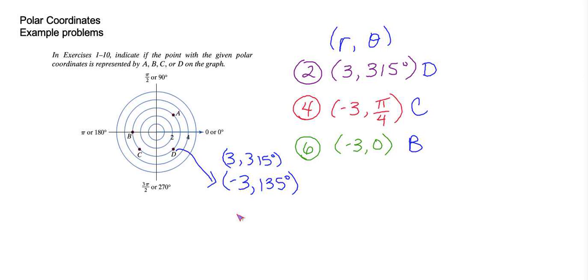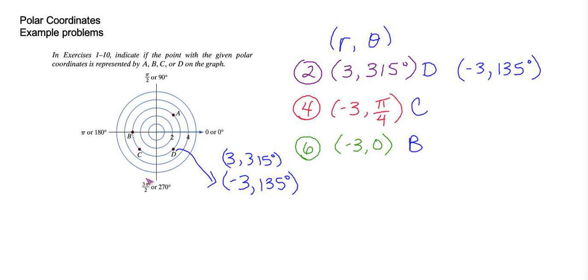I'm going to get the very same point if I go 3, then 315 degrees, as I do if I go 135 degrees, which is halfway in the second quadrant, but go the opposite ray of that terminal side, which would put us back here in the fourth quadrant. So that's the same as D. Let's write it over here. This is another way to write it: negative 3, 135 degrees.